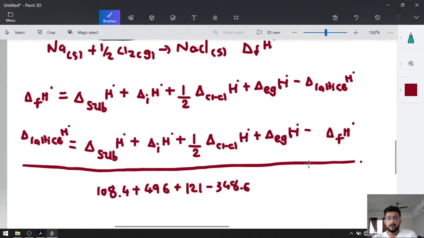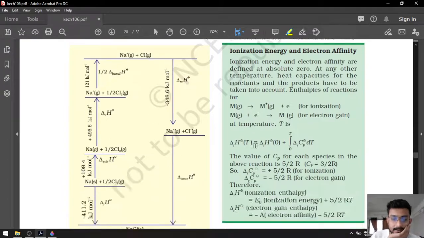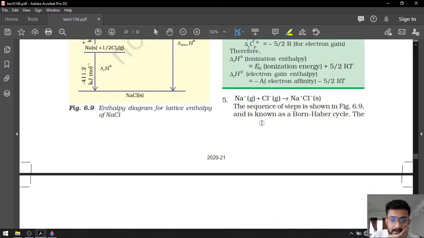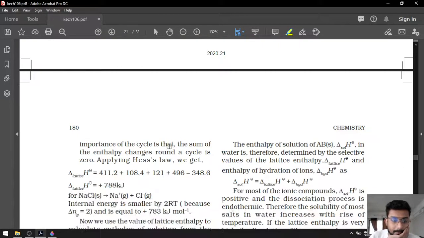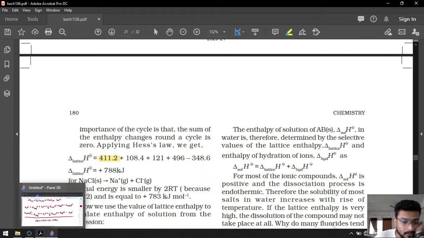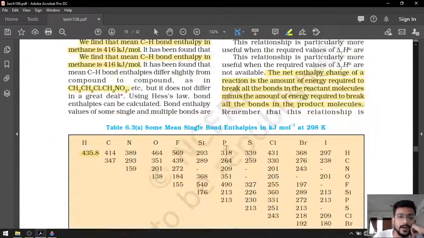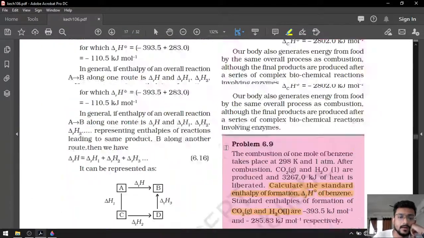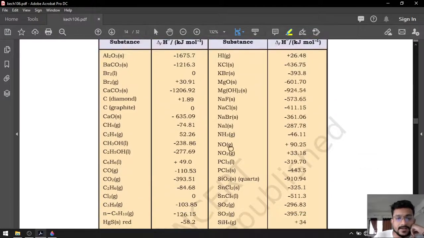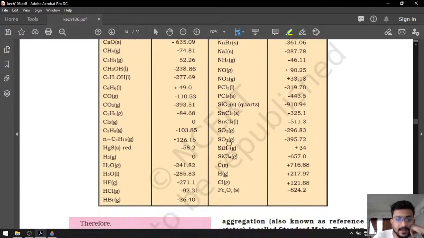And last, formation enthalpy. They have given in the first step the lattice enthalpy. Now the formation enthalpy: where is it? Okay, this is the formation enthalpy, 411.2. You can see in the table they have given us. The formation table was given, right? In that table we will get the formation enthalpy of NaCl.